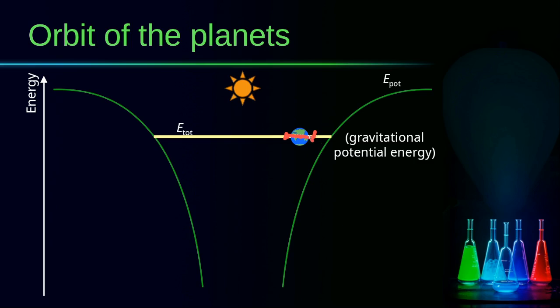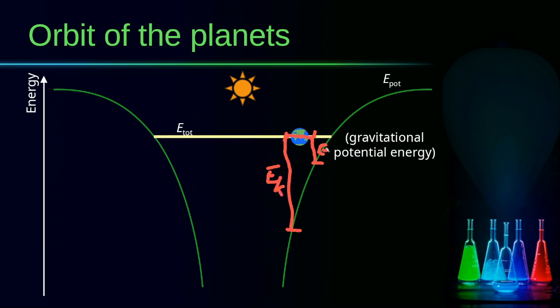And when the Earth is farther from the Sun, then the potential energy is higher than when it is closer. So of course, when the Earth is closer to the Sun, lower potential energy, but same total energy means the kinetic energy will be larger. So basically this distance here between the potential energy and the total energy is going to be the kinetic energy.